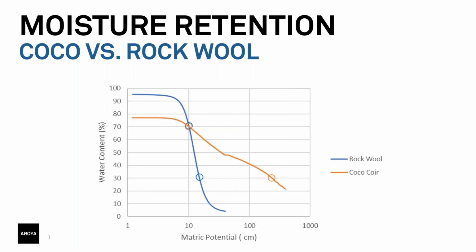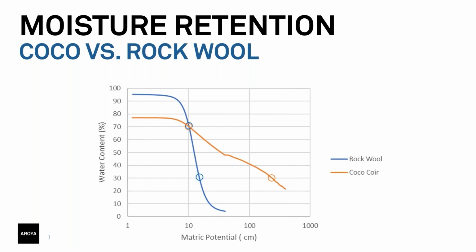The plant would have to apply a suction of 10 centimeters to get water out of these substrates at that water content. Now this is about the amount of suction that you apply on a soda straw when you're drinking your Coke. At 30% water content, the water potential of the rock wool has dropped to minus 15 centimeters. So to match that suction, the level of your drink would have to drop by 5 centimeters or 2 inches.